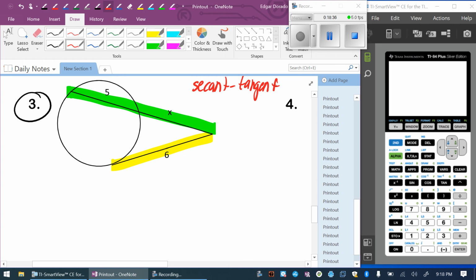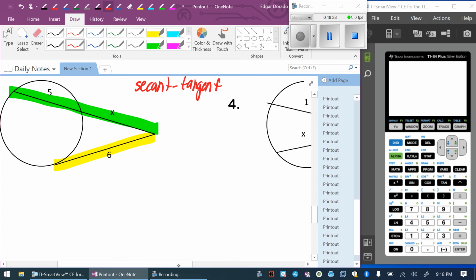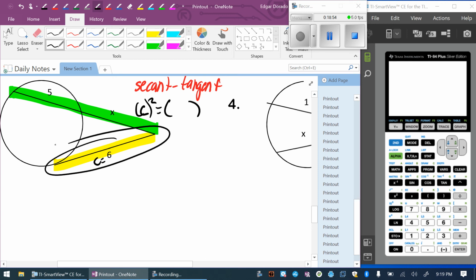Well, did we have a formula for that? Yes, we did. That was the secant squared, remember my secant in this case is the 6, is equal to the full, oh sorry, the tangent, my fault. Let me say that one more time. This is the tangent gets squared, so c squared.